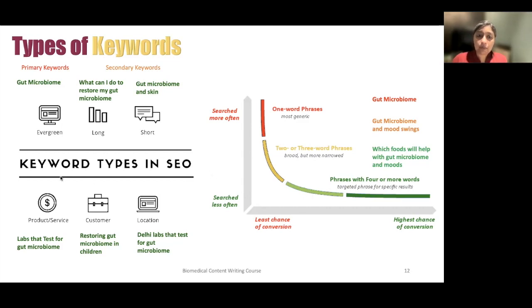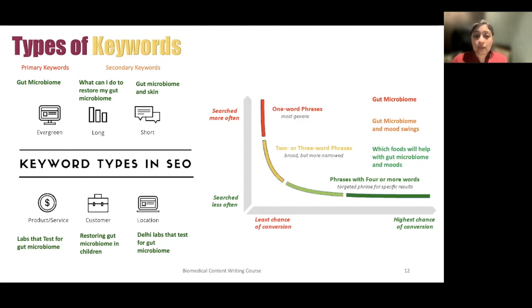Other types of keywords that we may use, not so often in medical writing, but they are used as well, are product or service-based keywords. So if you're writing on behalf of a lab, labs that test for gut microbiome would be one thing that your content would need.